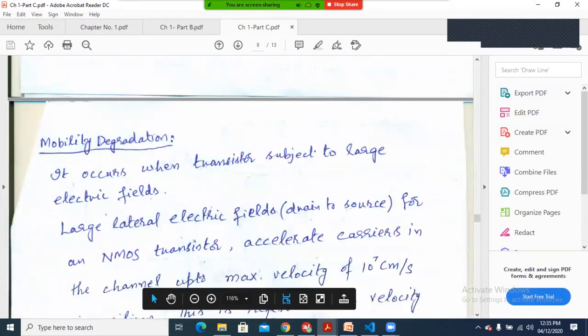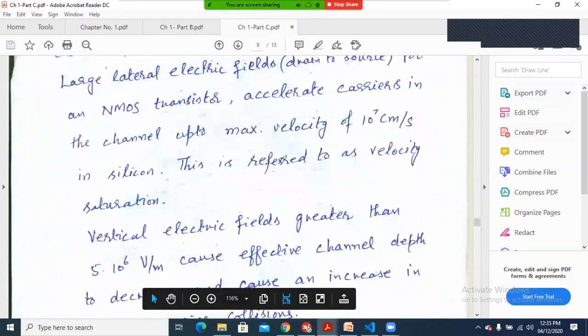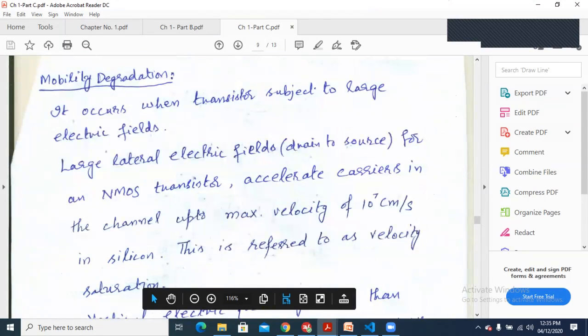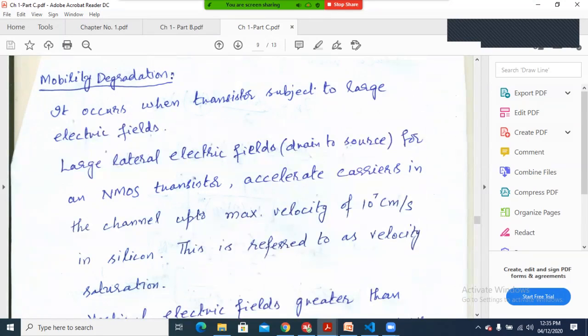Now we have the mobility degradation point. Mobility degradation occurs when we have large electric fields. A high drain to source voltage will accelerate the carriers up to the maximum velocity given by 10 raised to power 7 centimeter per second.